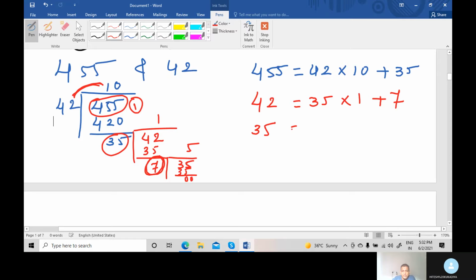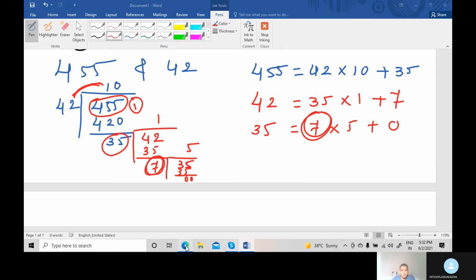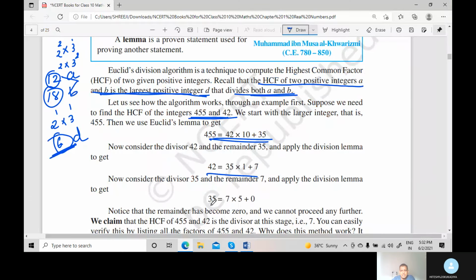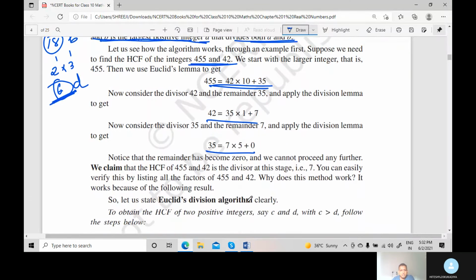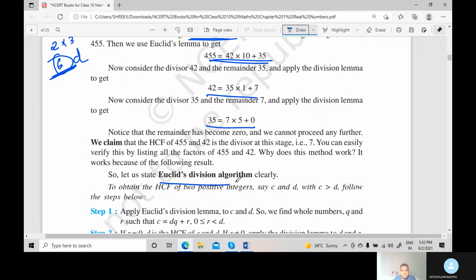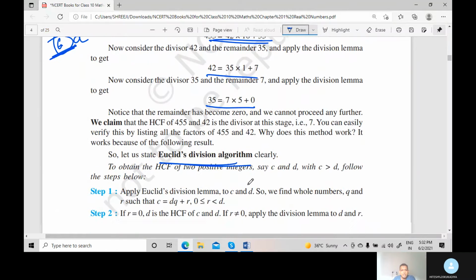Now write 35 = 7 × 5 + 0. So 7 is your HCF. Now check your textbook: this is the first step, second step, and third step. Clear? Okay. It is called Euclid's division algorithm.